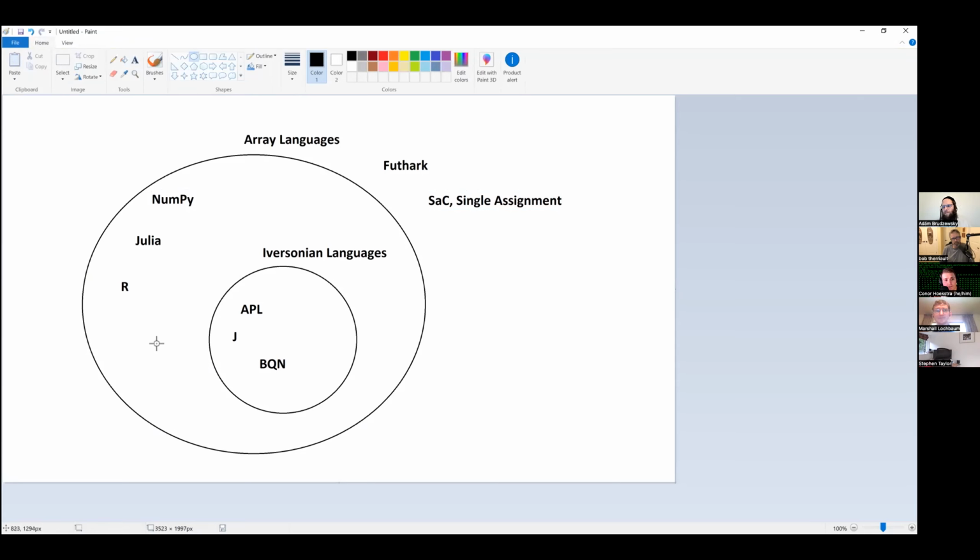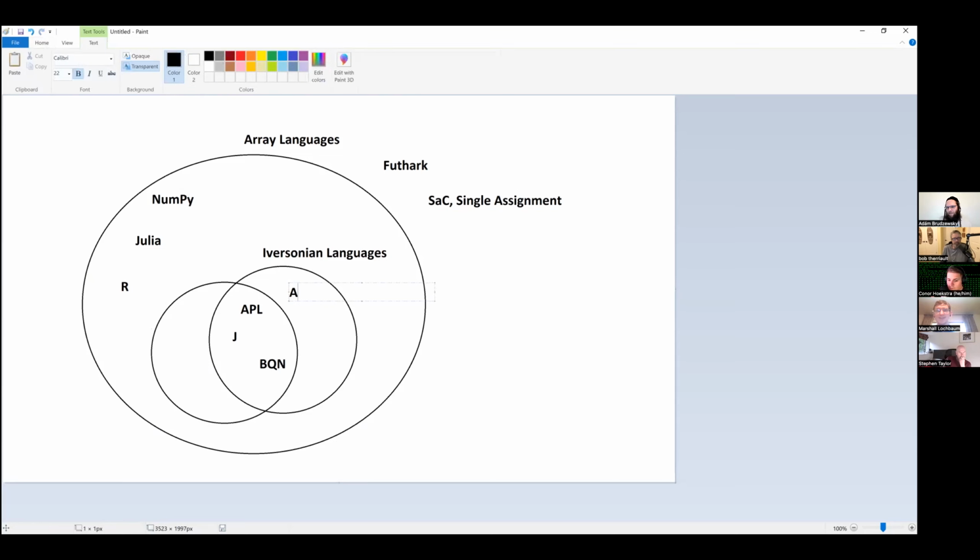What is it about Nial? The whole point of Nial, okay, it's not Iversonian, maybe that's what you're going to say. It's definitely an array language, right? Yeah, the whole point of it is to be the array language. It's taking that array theory and making it into a programming language.